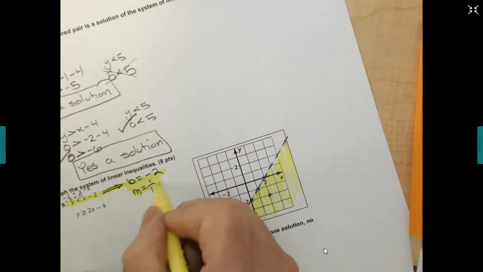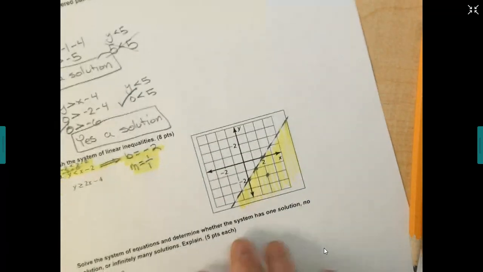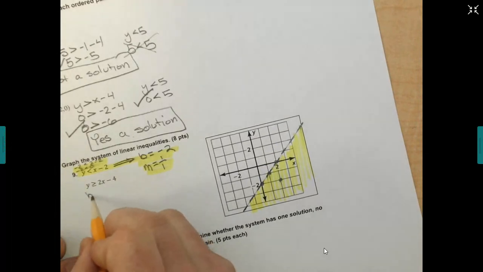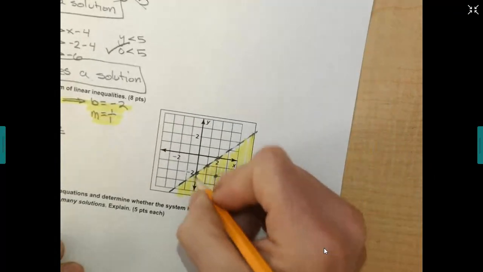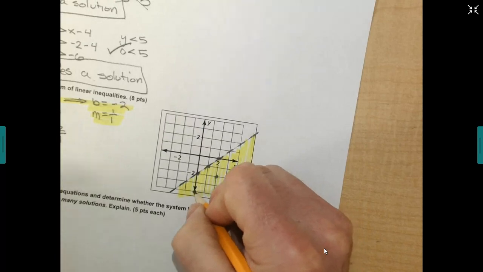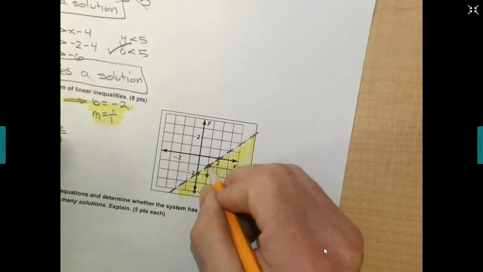Now our yellow one. Now we'll do green. Our y-intercept is -4, and our slope is 2, which is 2 over 1. 1, 2. So there goes -1, -2, -3, -4. And then we have a slope of 2 over 1.